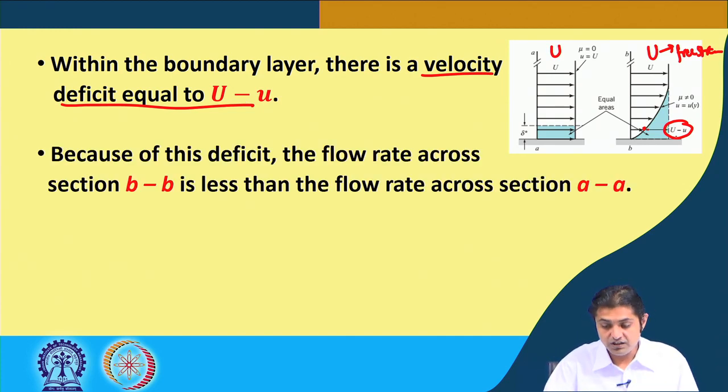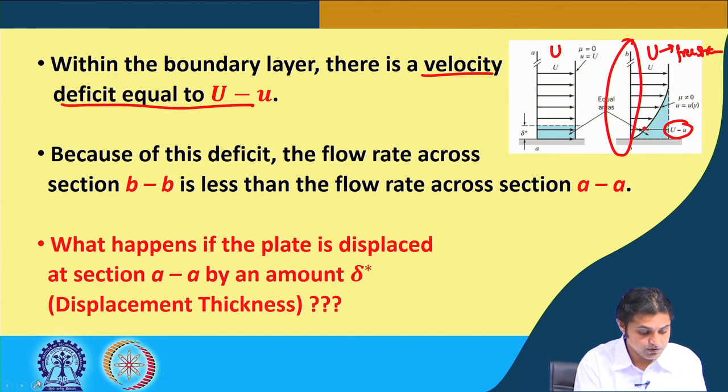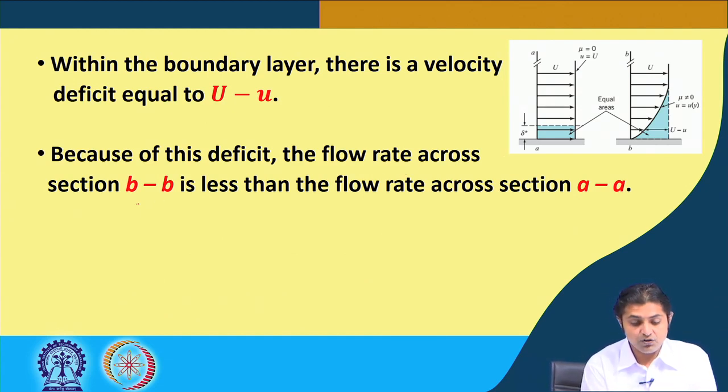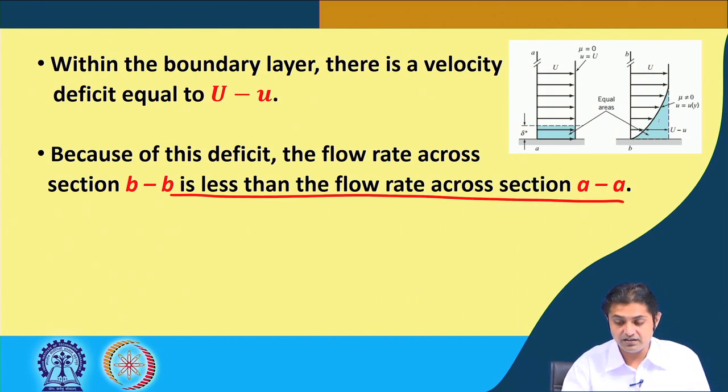Because of this deficit, the flow rate across the section BB is less than the flow rate across section AA. That is correct, because the velocity here is less than the uniform velocity by capital U minus small u.